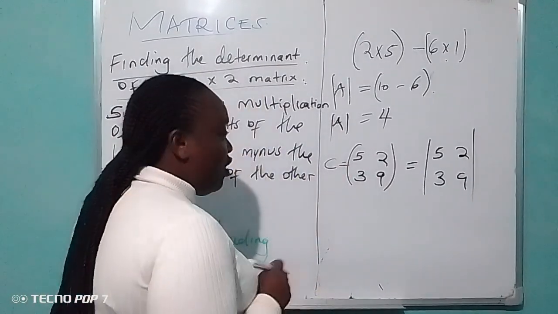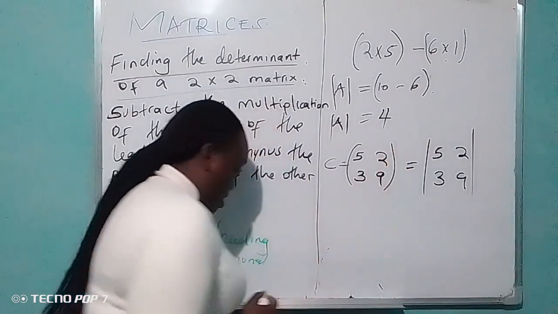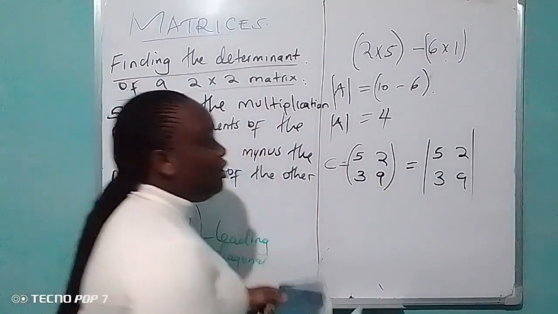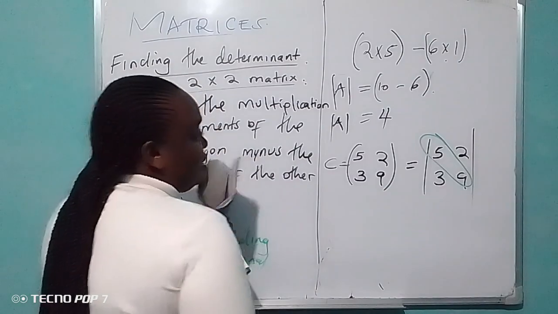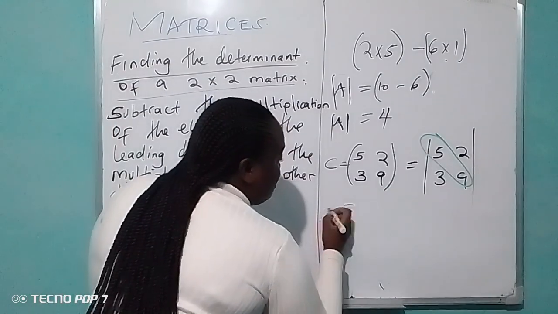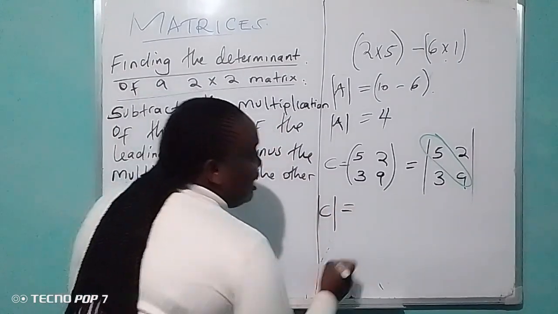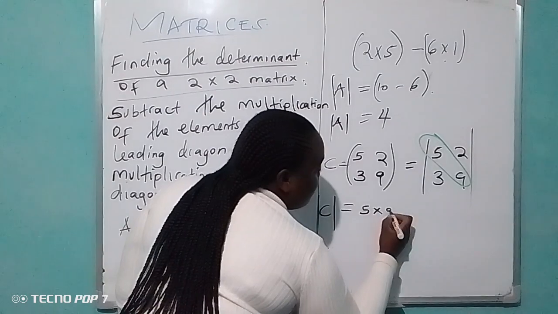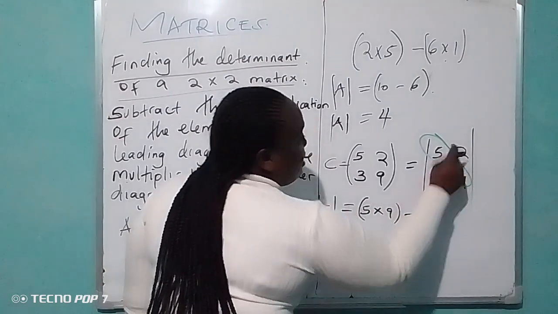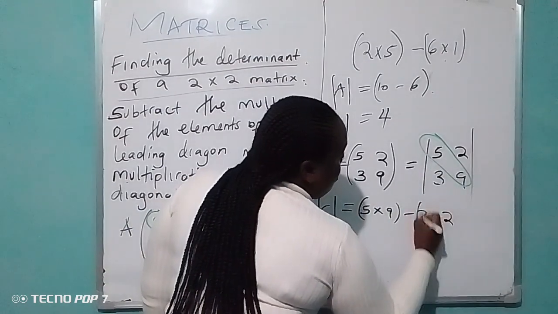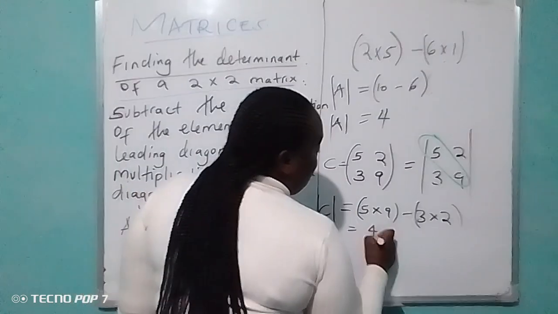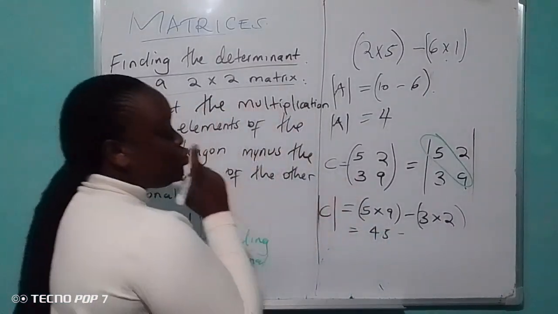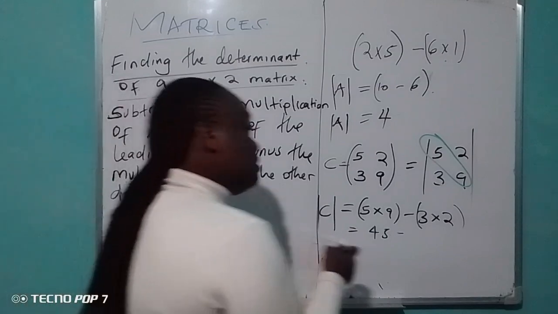Okay? So then you'll say the elements of the leading diagonal. So C straight line is 5 times 9 minus 3 times 2, which is equal to 5 times 9, how much? 45, minus 3 times 2 is 6.